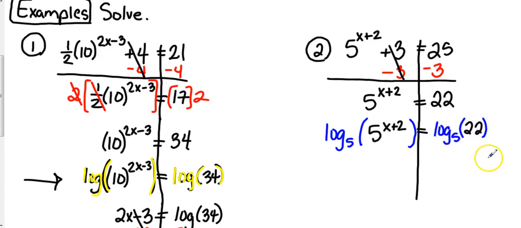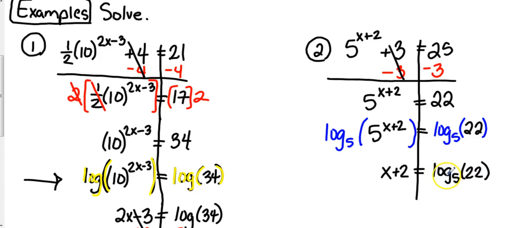So we will take log base 5 of both sides. Using our inverse properties, log base 5 of 5 cancels out, leaving behind x plus 2 equals whatever log base 5 of 22 is. Now remember, this is a decimal. I could use change of base and figure out what log base 5 of 22 is.